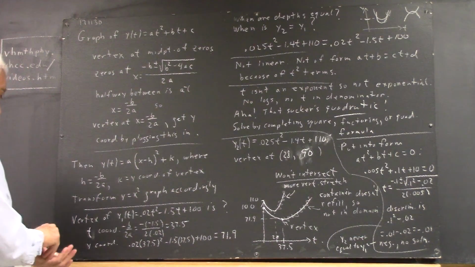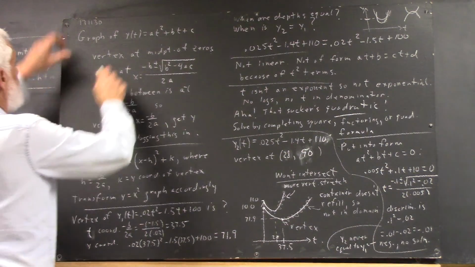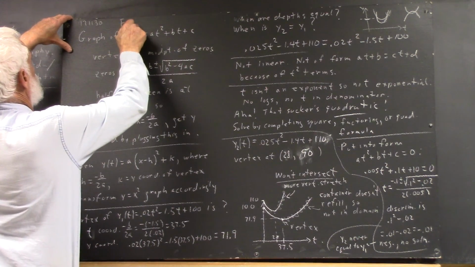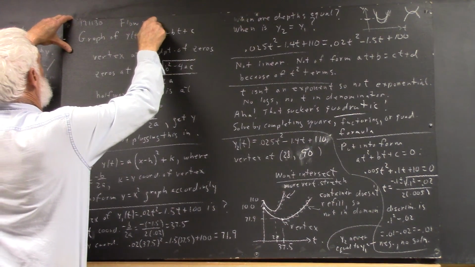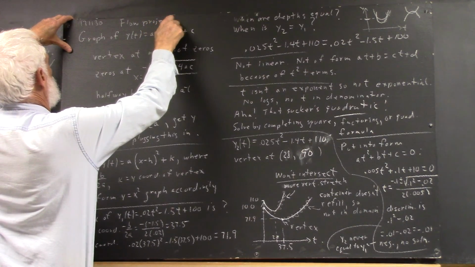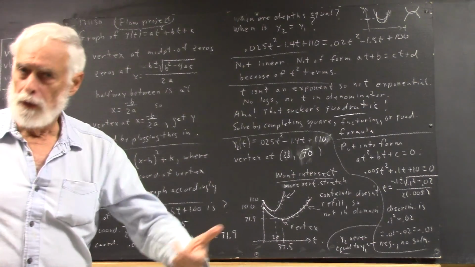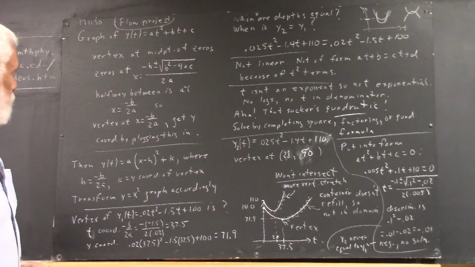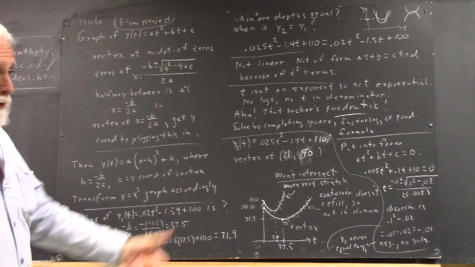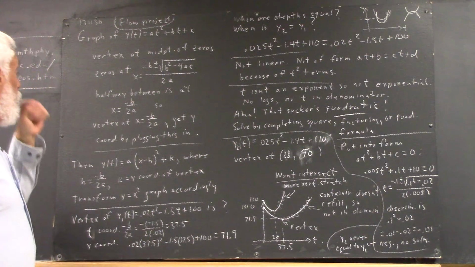In connection with the flow project, we were asked to graph the quadratic function that represents the depth versus clock time from one of our observations.